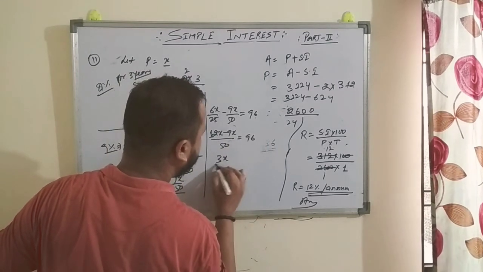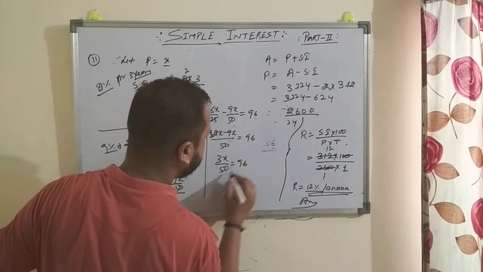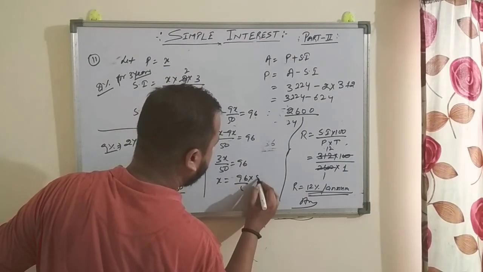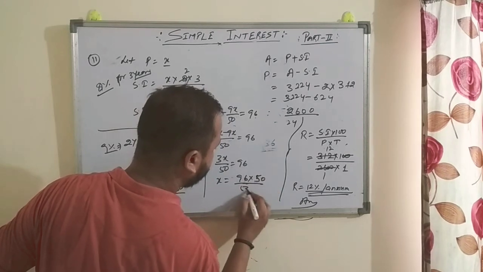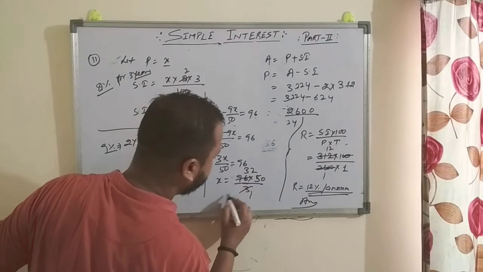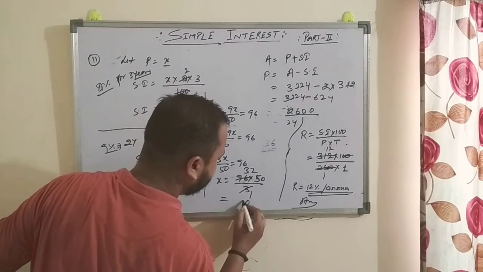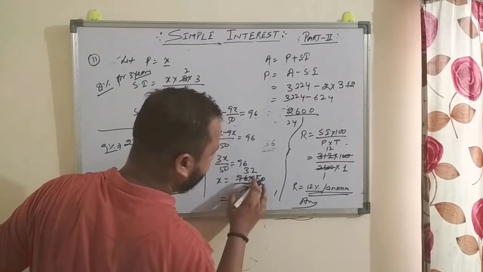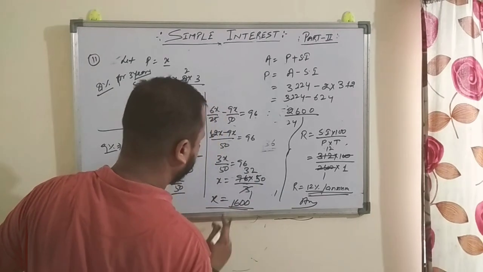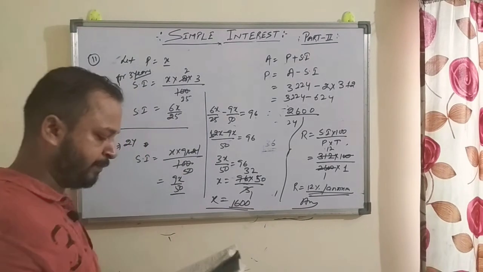So 3x by 50 is equal to 96. So x is equal to 96 multiplied by 50 upon 3. So 3 1s are 3, 3 5s are 15, 3 2s are 6, so 0, 5 2s are 10, carry 1, 5 3s are 15, 16, so 1600. So principal is 1600 rupees.